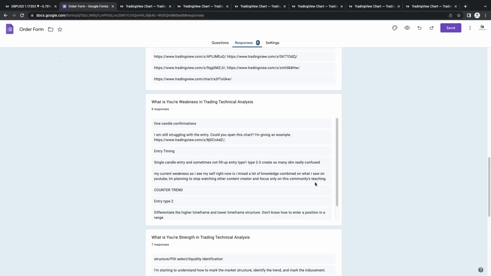For example, more than 95% of the traders in our community have been doing SMC for the last few months and years, but they are trying to mix all things, like when someone says this is a BOS or this is an order block.